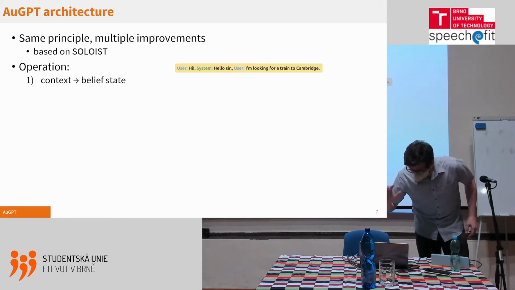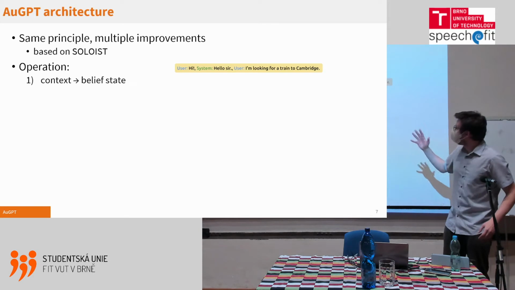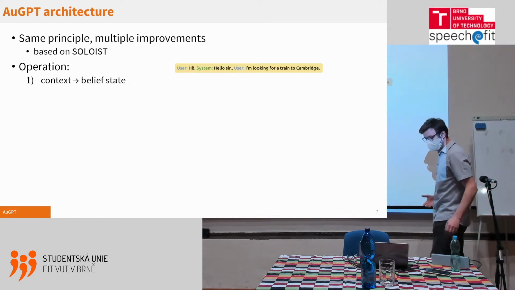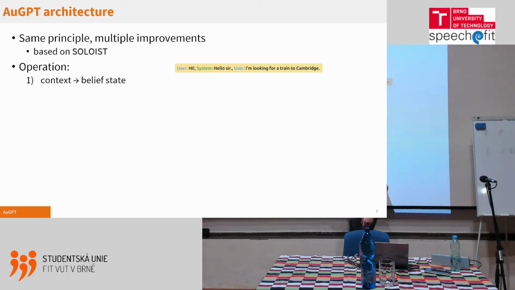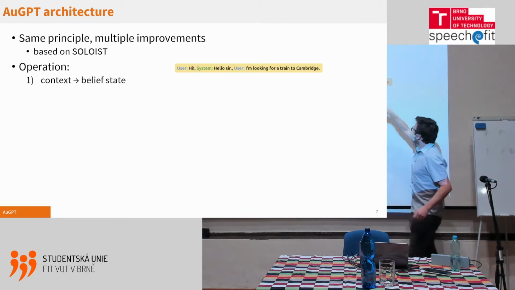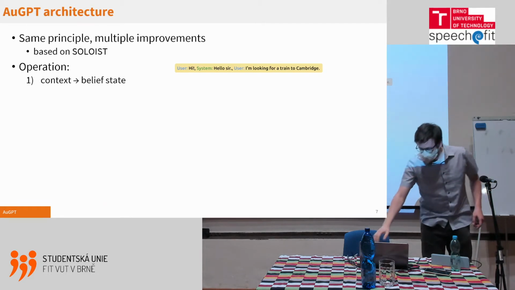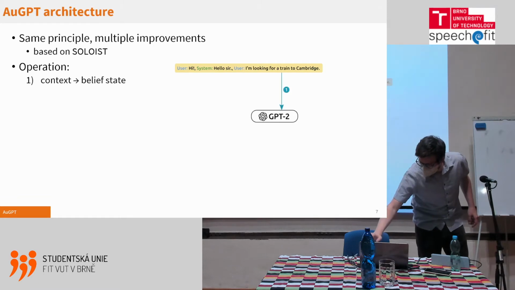So as I said, first you have the dialogue context. Here you see that there can be multiple turns in the dialogue. There's some saying hi, and then the user is starting to say something related to the task.